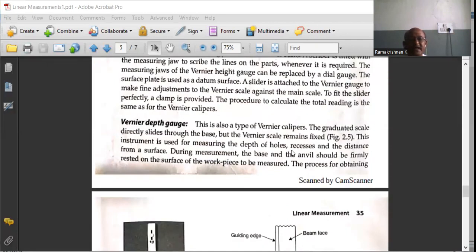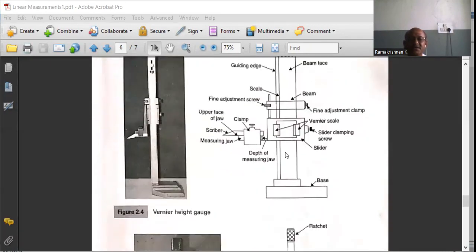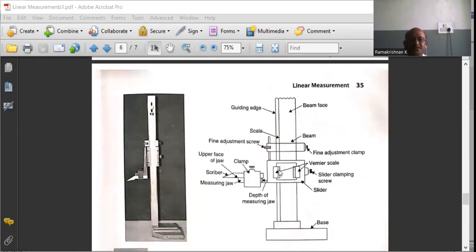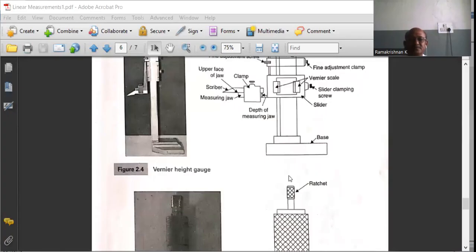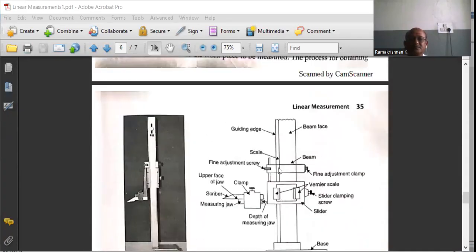The graduated scale directly slides through the base, but the Vernier scale remains fixed, as shown in the diagram. From that, we can measure the height of an object, the depth of a hole, or the depth of a recess. The least count and the reading of the value are similar to the Vernier caliper. Thank you.